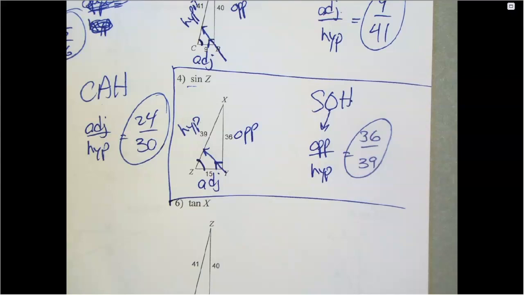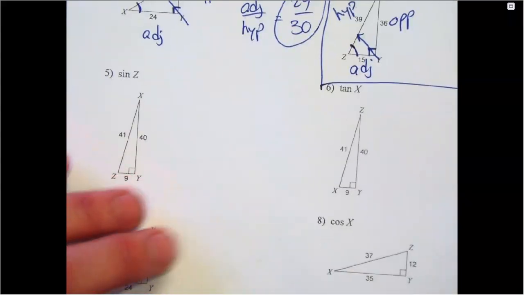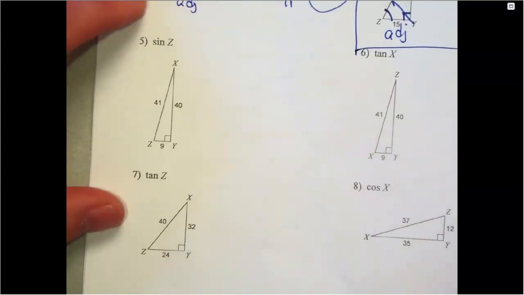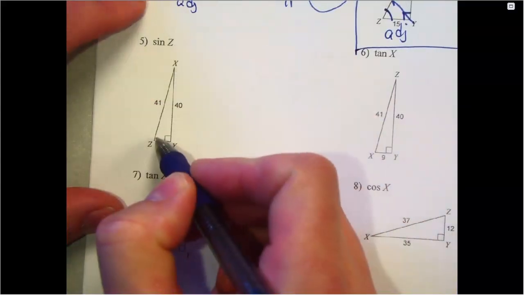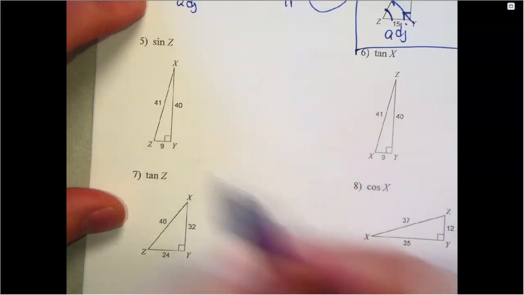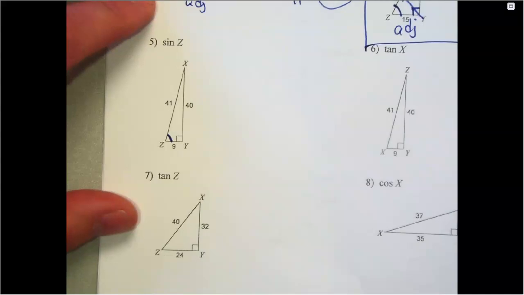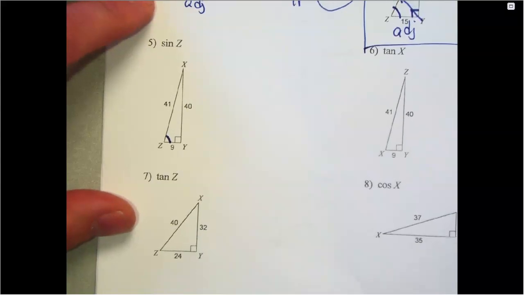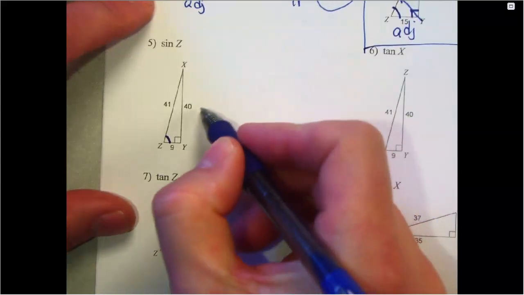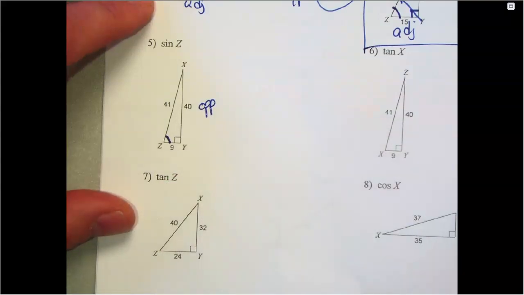Questions on 1 through 4? Let me do one more. And then there's one more thing, but it's super easy. Side of Z. So we go to Z. It's actually really similar. I put my little mark. One side is not being touched. 40, that's my opposite.